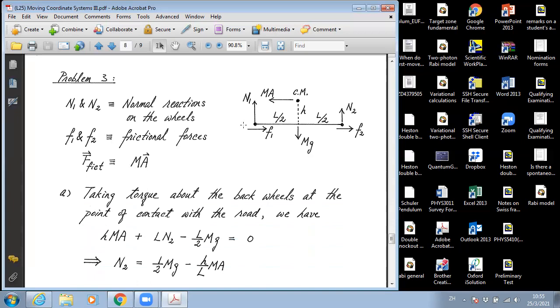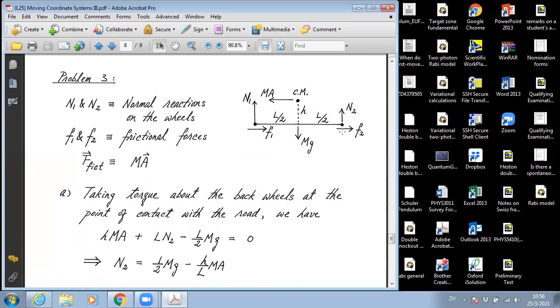Since it is in rotational equilibrium, we take the torque about the back wheels at the point of contact with the road. So the fictitious force has this moment, hma.